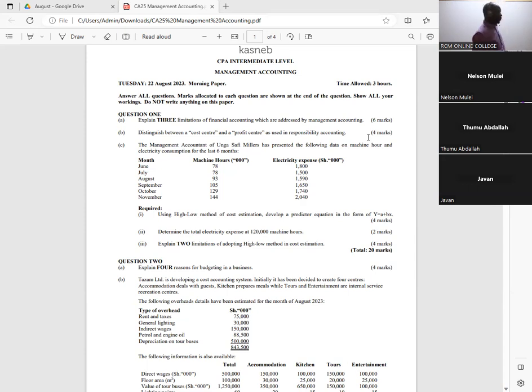Okay. So if you look at that particular paper, we want to analyze and understand which topic were they testing, which concept were they testing. So just allow me to have 2 minutes, take care of something here.